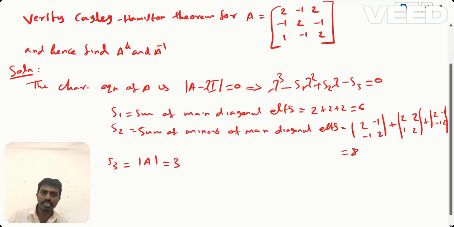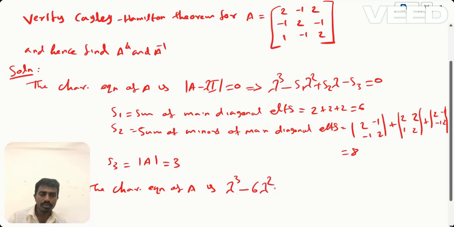Therefore the characteristic equation of A is lambda cube minus S1 lambda square, S1 is 6, plus S2 lambda, S2 is 8, minus 3 equal to 0. This is the characteristic equation.